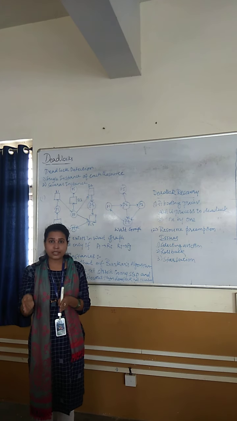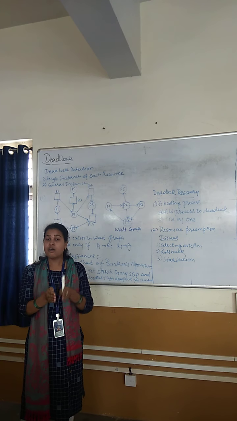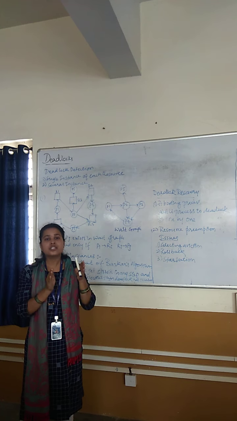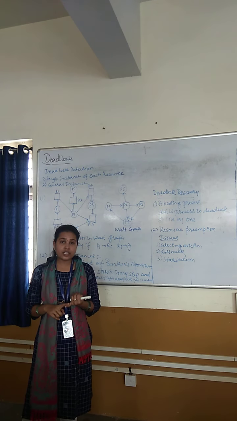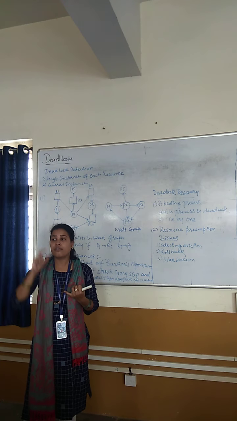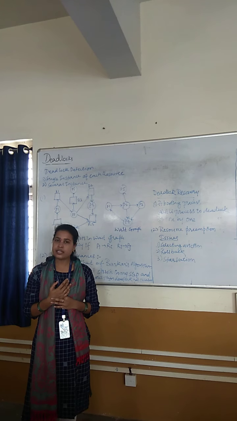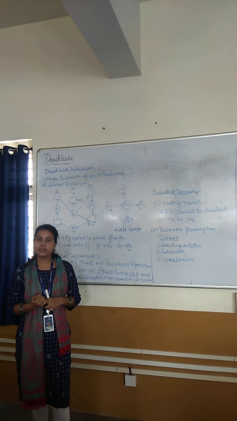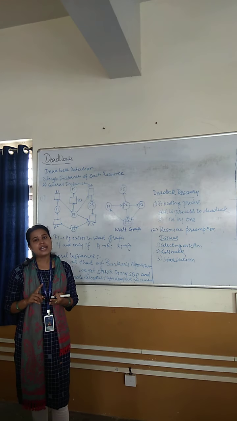Rollback means you are going to restart the process from a place till where it is in a safe situation. Rollback should be considered, whether it should be started from the beginning or whether it should be started from some point. So these are the issues which you have to address when you are going to preempt the resources. That is selecting the victim, rollback and starvation.